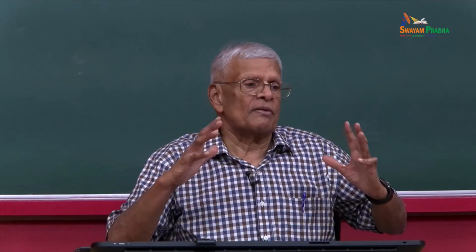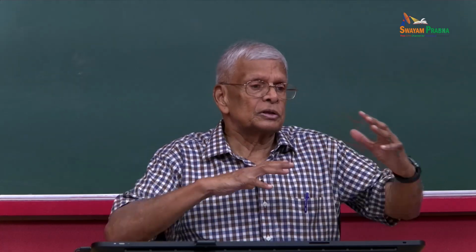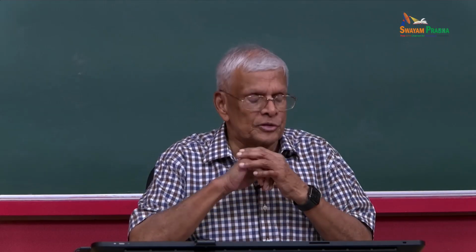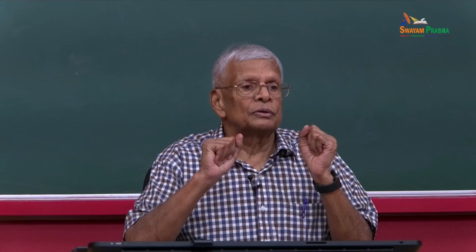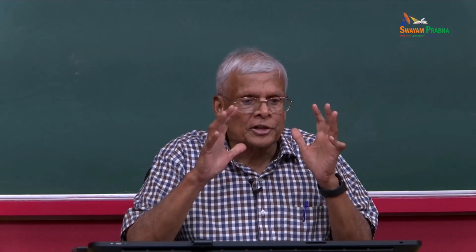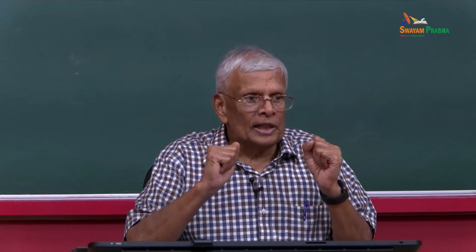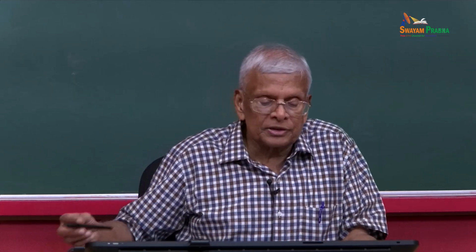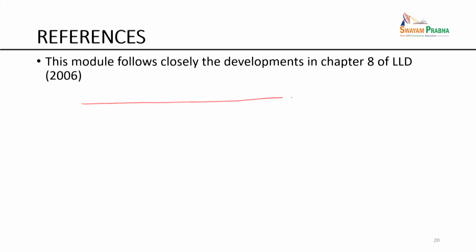Let me quickly summarize where we are. This whole sequence of modules that we talked about relates to modeling. We talked about building regression models, linear models, nonlinear models. So what is a summary? The regression models can be differentiated: they can be linear, they can be nonlinear.